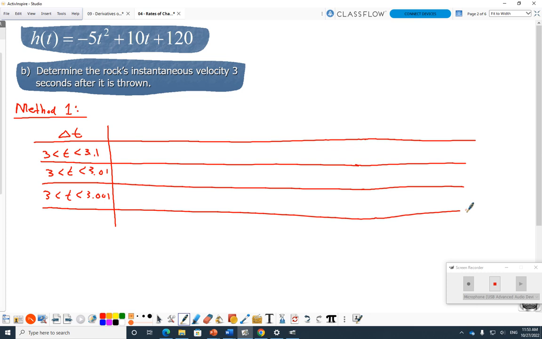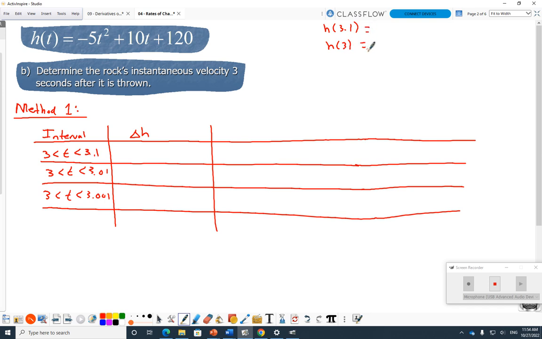I don't like the label on that. I'm going to change that label to interval. And so for my delta H, I'll need two things: H at 3.1, and H at 3, those two heights, because I'm doing 3 to 3.1.